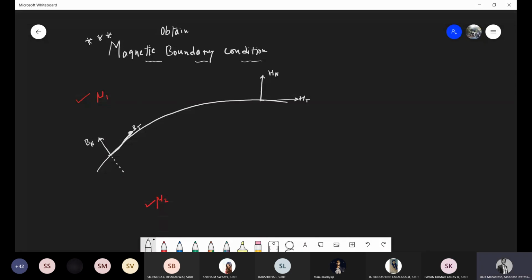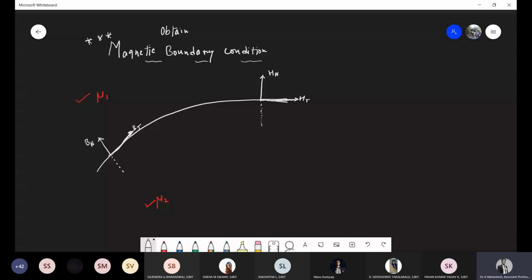Now I am trying to measure Hn and Ht, or Bn and Bt. What is the normal component? The normal component exists while entering from one medium to another normally. It is perpendicular, and tangential is over the surface of the boundary.